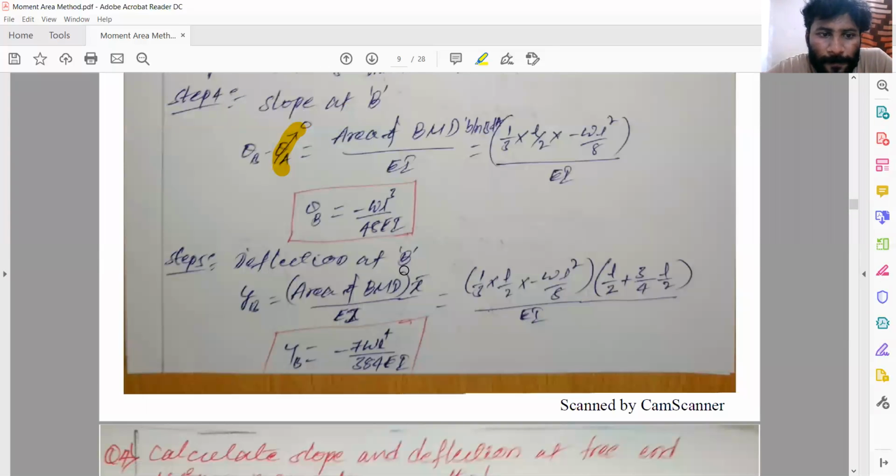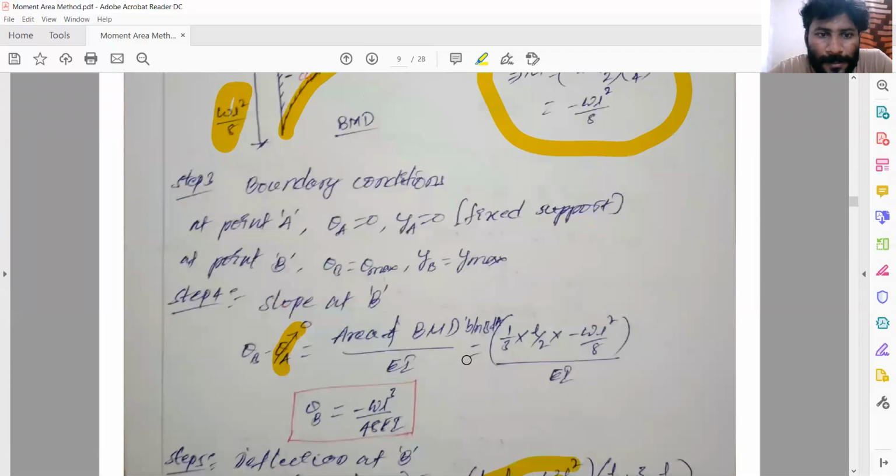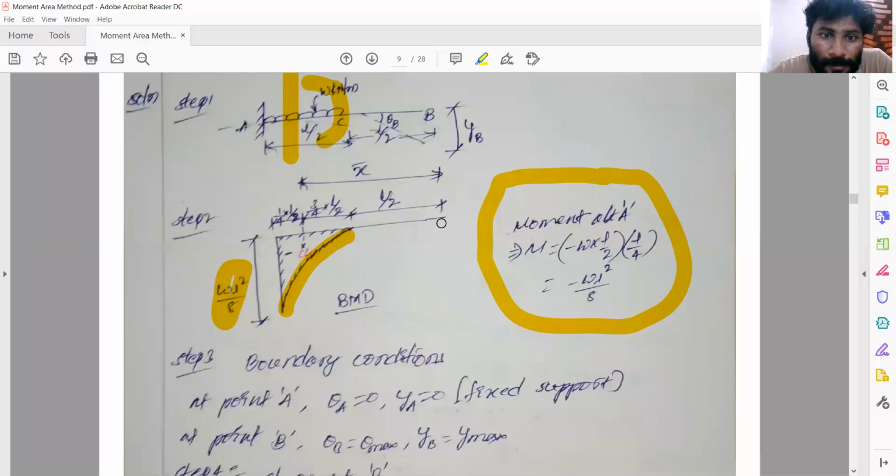Again, deflection at B. Same equation, YB is equal to area of BMD into X bar divided by EI. This is the area of the BMD, into X bar. Now we want to find the deflection here. Take the centroid; from the centroid to the end of this diagram is 3 by 4 times of the span, whatever this length is, that length is L by 2, plus L by 2.